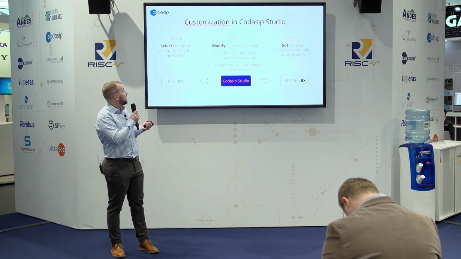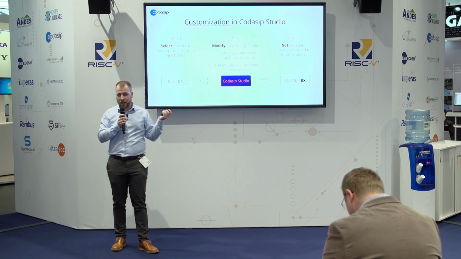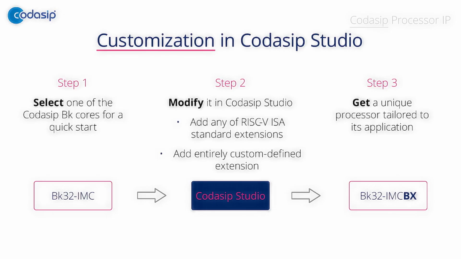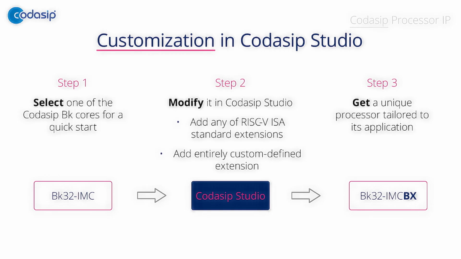But again, the interesting part is the connection between our processor IP and the Codasip Studio, as I explained before. Our users typically choose one of our predefined cores which implement the standard configuration of RISC-V. In the case of this slide, it is the 32-bit RISC-V core with the IMC instruction set.